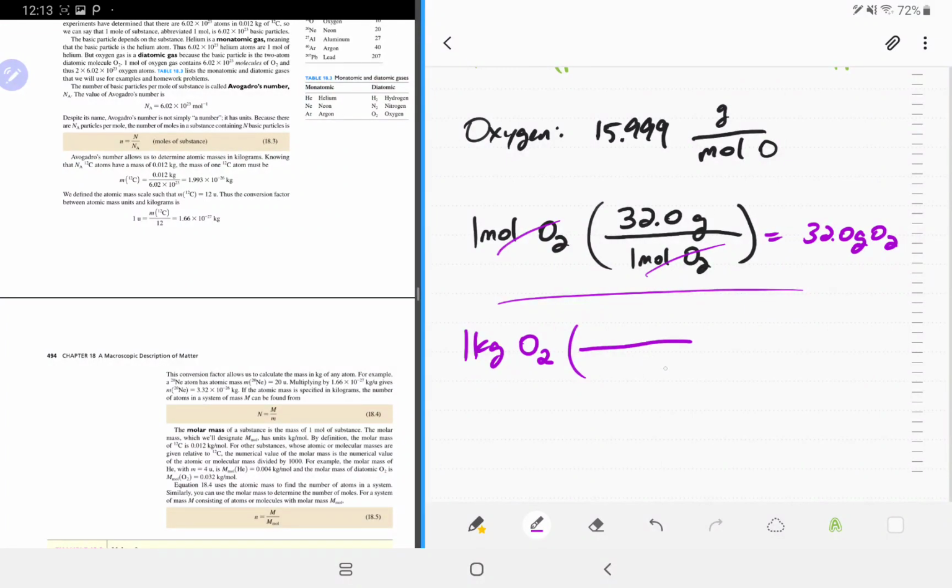Now we have to put the weight on the bottom, the grams, and the moles will be on top. So for every 32.0 grams of O2, there's 1 mole of O2. And for every 1 mole of O2, there's 2 moles of oxygen atoms.